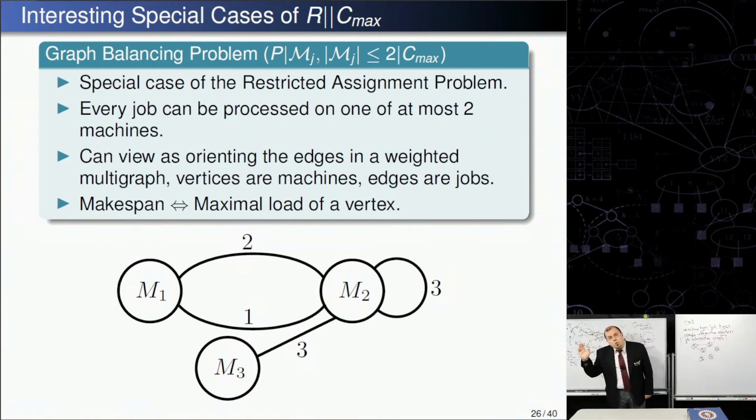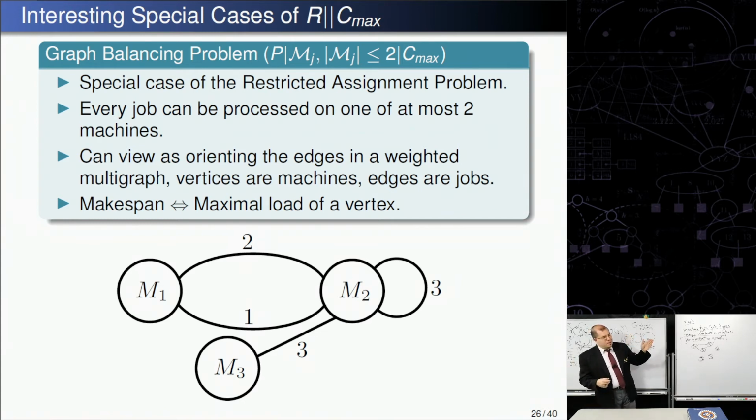By directing it towards that vertex, or placing that job on that machine, you're introducing a load of 2 to that machine. So there's a correspondence between orienting edges in this graph and assigning a job to a machine.